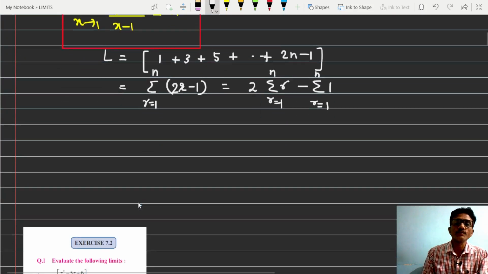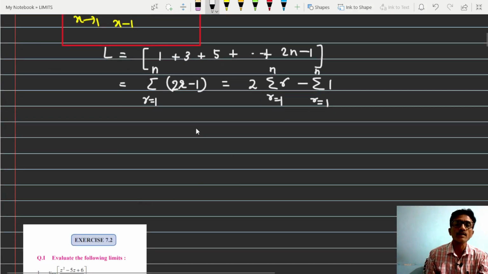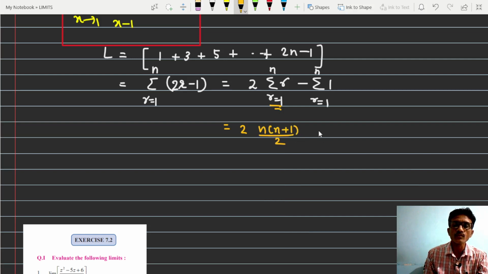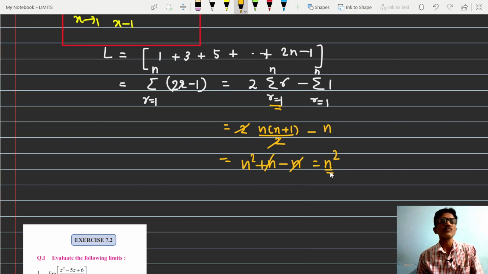Now summation of r is equal to n into n plus 1 upon 2. Summation of 1 is n, ये 2 कैंसिल कर सकते हैं, n into n स्क्वायर माइनस प्लस n और माइनस n, इसे कैंसिल करो और आपको आंसर आएगा n स्क्वायर.